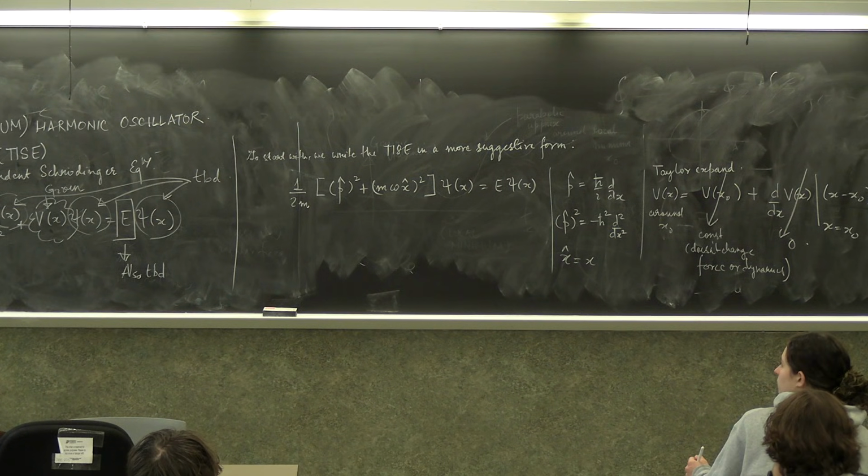We must treat operators with tender, loving care, gently, because operator A times operator B need not be equal to operator B times operator A. Okay? And we'll see this explicitly as we go forward. Is this vaguely familiar to everybody?